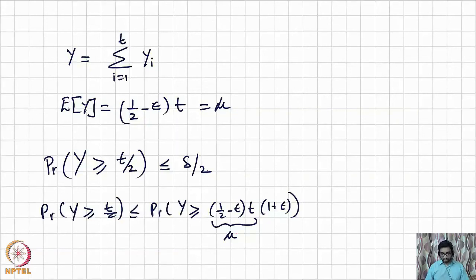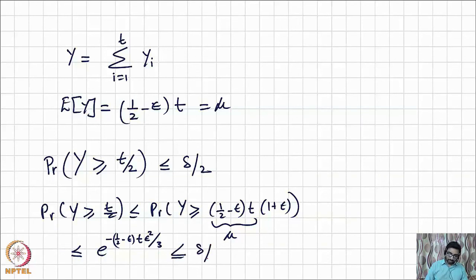So applying Chernoff bounds, we look at the probability Y greater than or equal to T by 2, and we rewrite it as probability Y greater than or equal to half minus epsilon times T, and that's mu, times 1 plus epsilon. This is smaller than e to the minus half minus epsilon times T epsilon squared divided by 3, and we want this whole probability to be less than or equal to delta by 2.